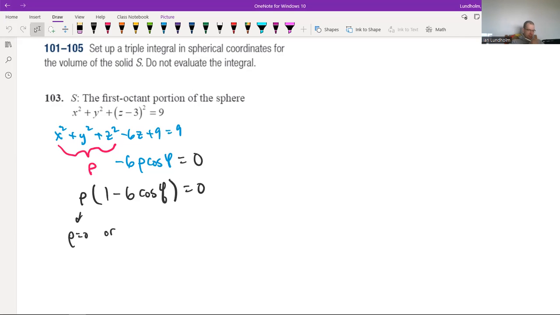Oh, this is rho squared. Good grief. I'm like, where did the extra rho go? Yeah, in spherical coordinates, x squared plus y squared plus z squared is equal to rho squared. That one doesn't need a squared. I think we've got our rhos in a row.